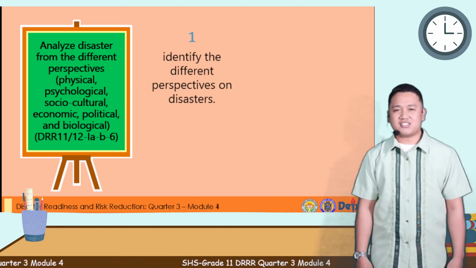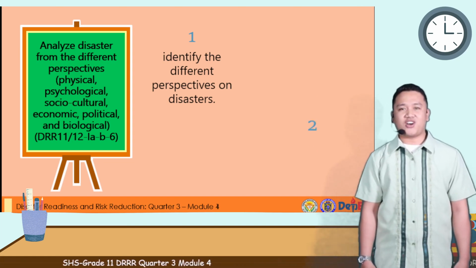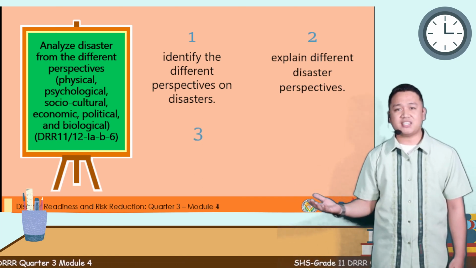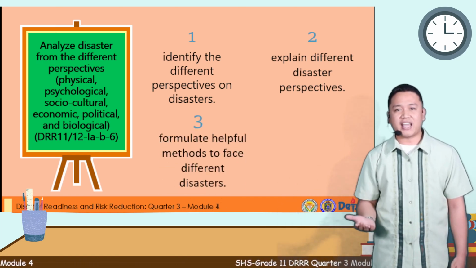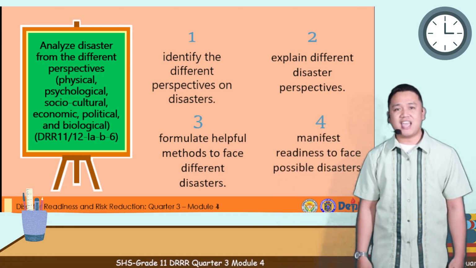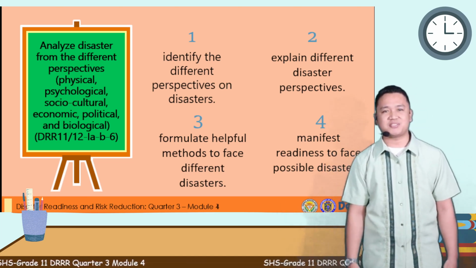This lesson focuses also to identify the different perspectives on disaster, explain the different disasters perspective, formulate helpful methods to face different disasters, and finally, manifest readiness to face the possible disasters.